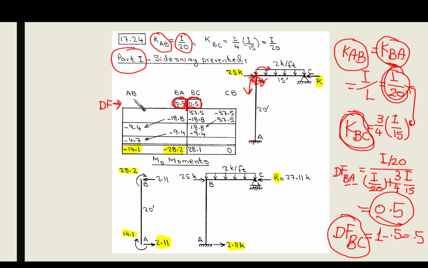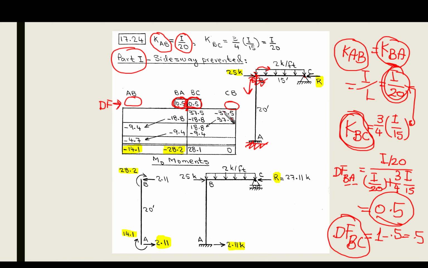Now the distribution factors at AB and CB are not important for us. We're not going to use them. Why? Because point A is fixed, which means it will have only carryovers, obtained from the balancing of point B. And for point B, we know the moment is going to be 0 here.